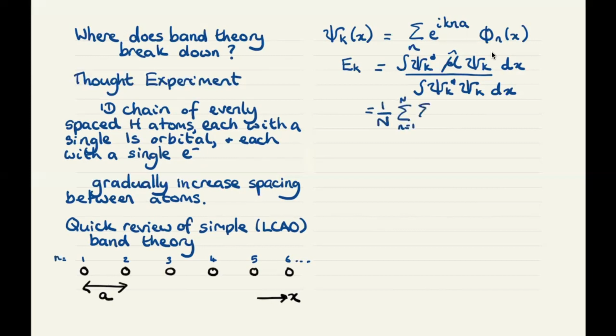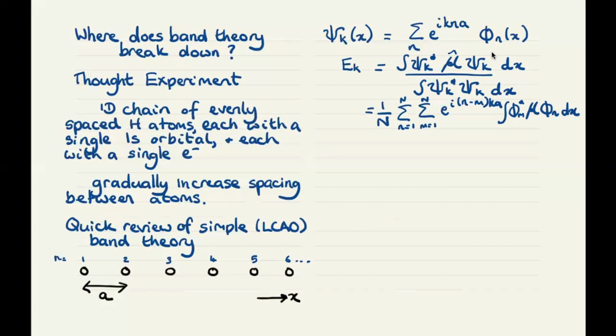Let's give our two wave functions two different labels so that we don't lose track. e to the i (n minus m) k a times the integral, the 1s orbital on atom m complex conjugated times the Hamiltonian times the 1s orbital on atom n integrated over all space.